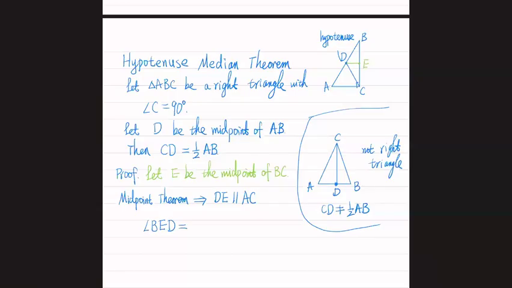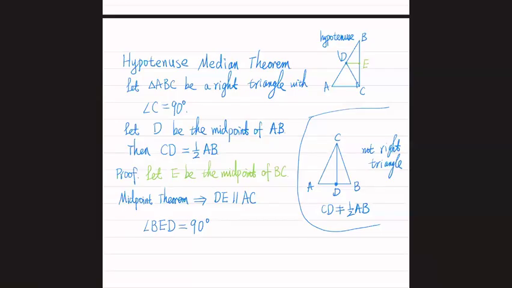And how did you get this? Because DE is parallel to AC, and since ECA is 90 degrees, I think it's called corresponding angles. Yes, these two are the corresponding angles of two parallel lines. Very nice.